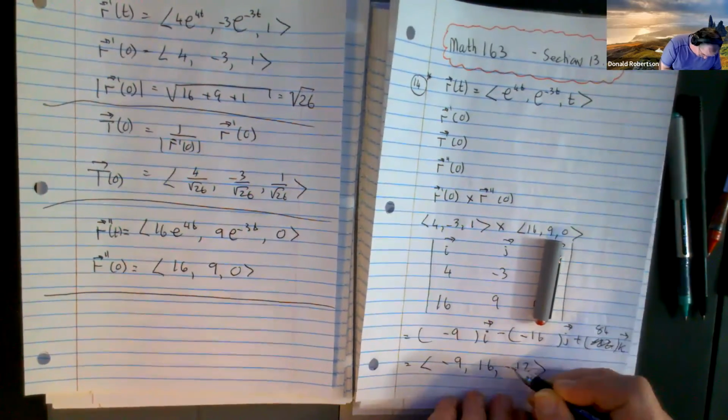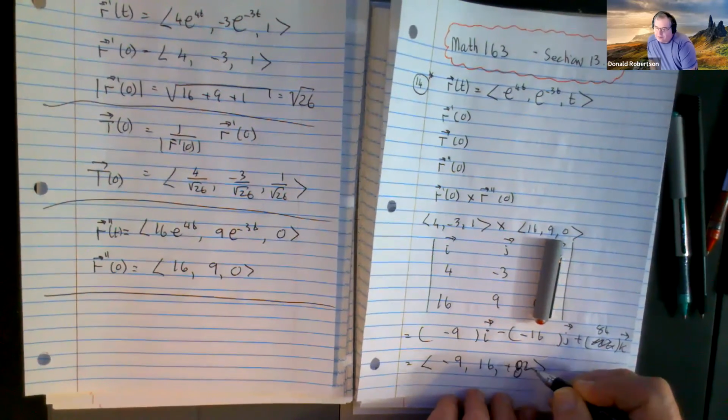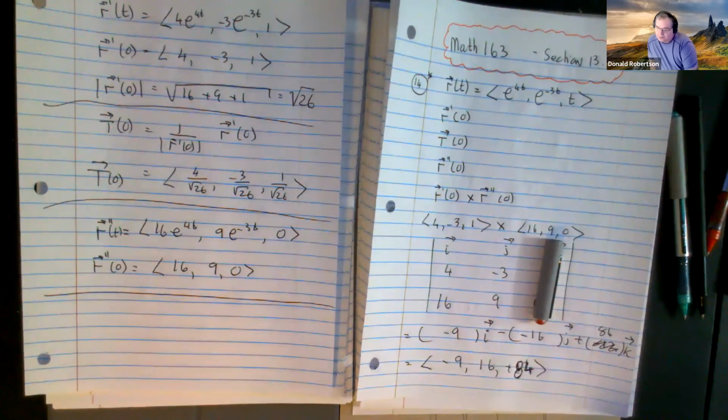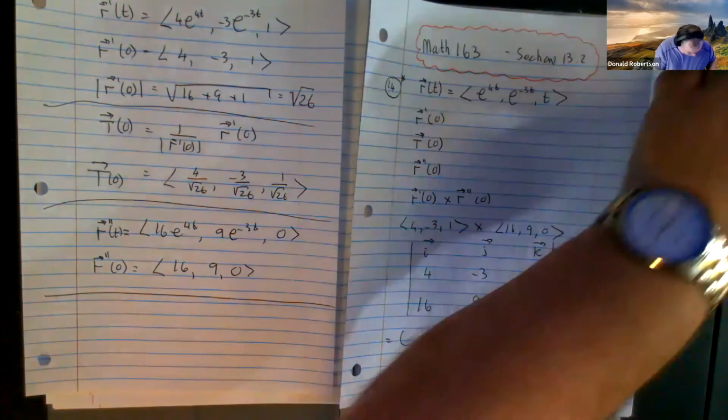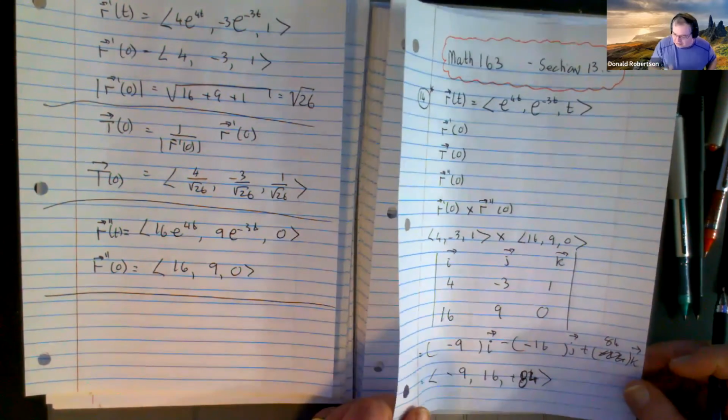Let me check it. I'm doing it in my head, always dangerous. 36 and 48, 84. Okay, we're good. And it just shows you how easy it is, especially if you're in a hurry, to screw up things like subtracting a negative as an add.